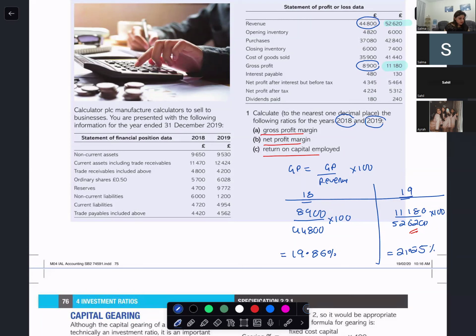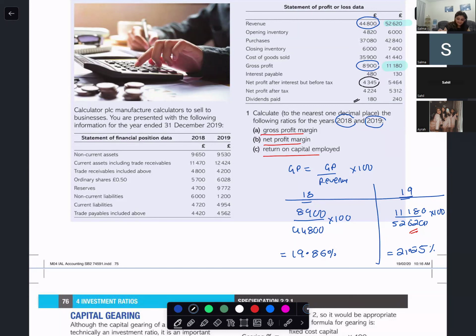Okay, let's talk about net profit ratio. Net profit ratio will be how much? 4345 upon 44,800. Okay, understand one thing. When you're paying dividends, do you pay your dividends out of the profit?